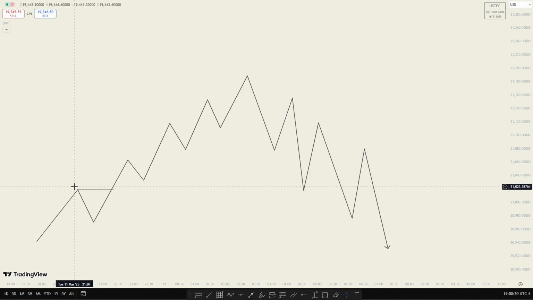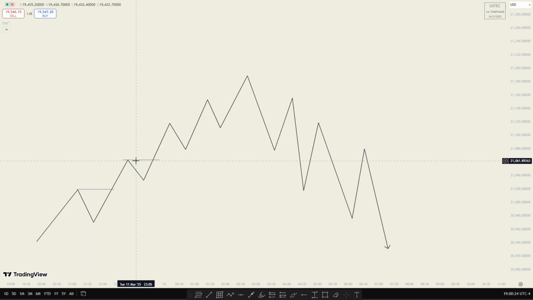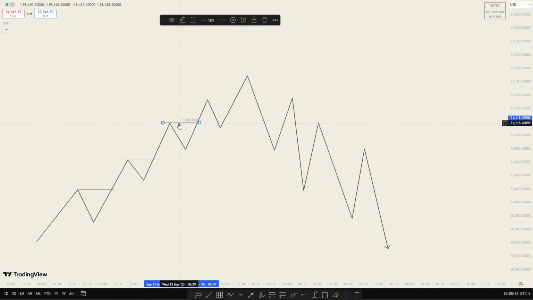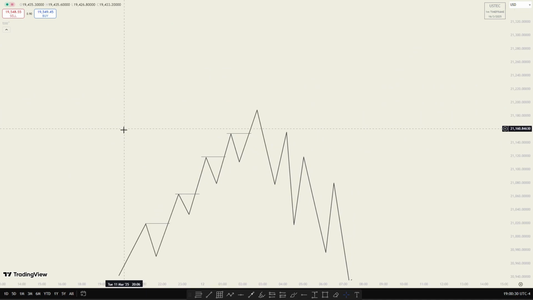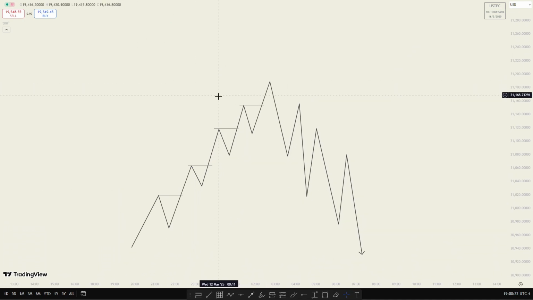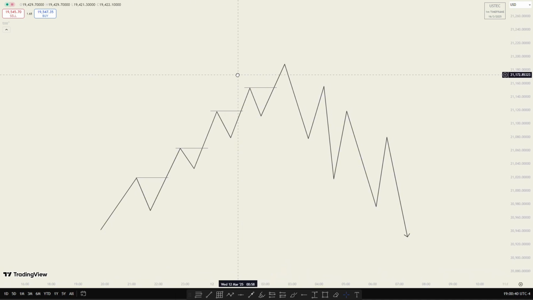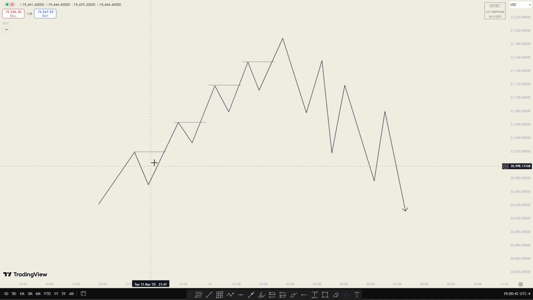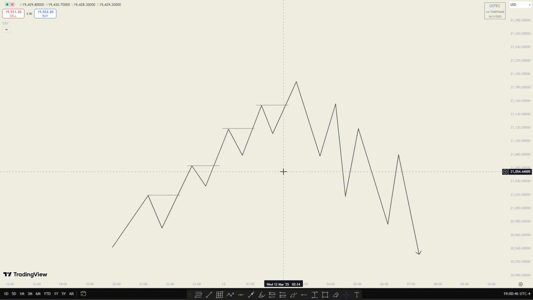When we break a high, we form a protected low, and we want this pattern to continue to understand that we will keep moving, in this case higher. Usually we form 4 to 6, sometimes even 7, but 4 to 6 swings before changing direction, and I recommend that if you move up, you start entering long positions after the 4th swing.